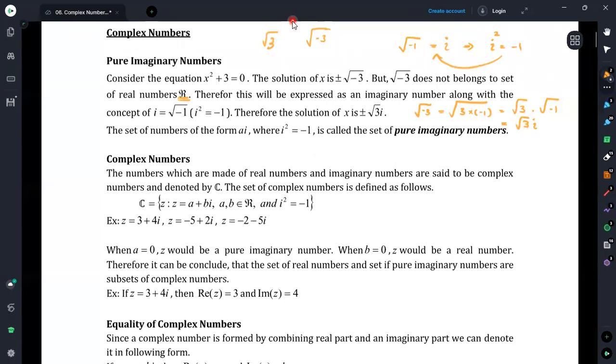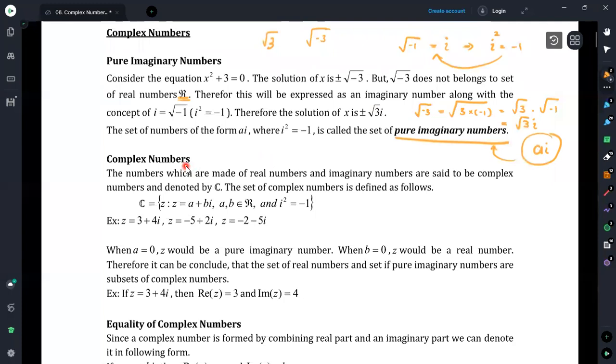If you can find a number in the form a times i, where a belongs to the set of real numbers and i is the square root of minus 1, that is, i squared equals minus 1, then we call such a number a pure imaginary number.